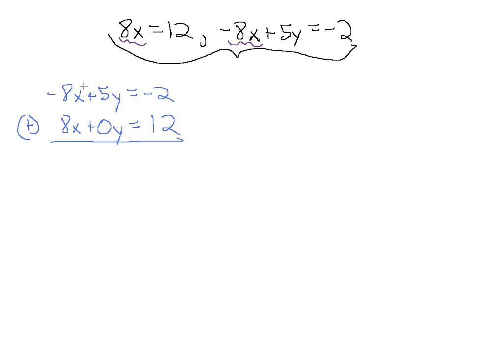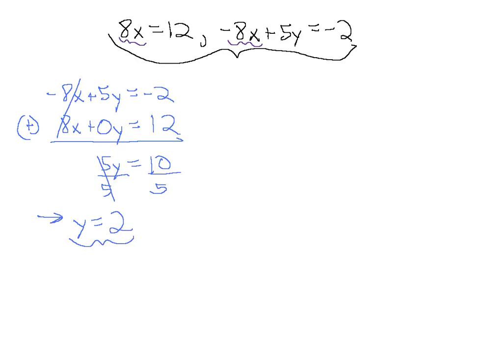So we're adding these two equations together. A minus 8 and a positive 8 will cancel, getting rid of this variable. 5 plus 0 is 5. We have 5y equals negative 2, and a positive 12 will give us a positive 10. And we can solve for y by dividing both sides by 5, which will give us y equals 2.